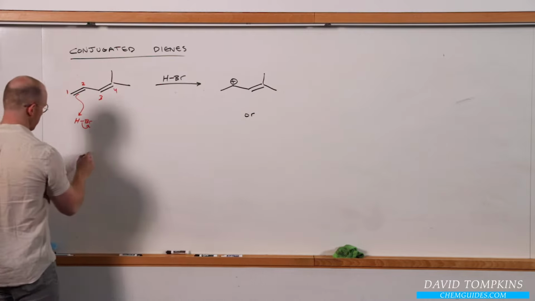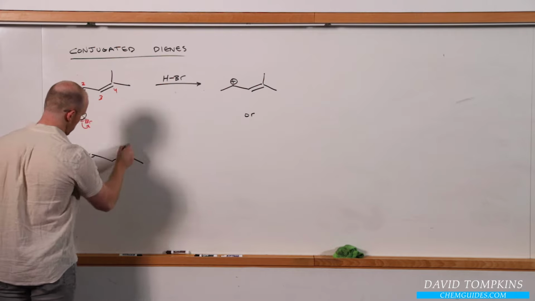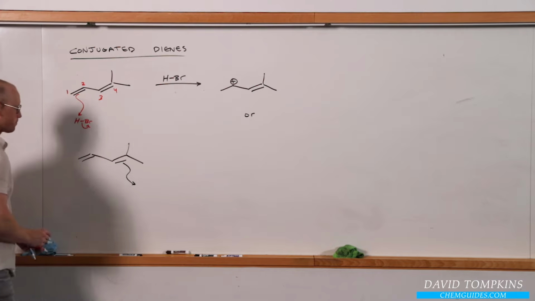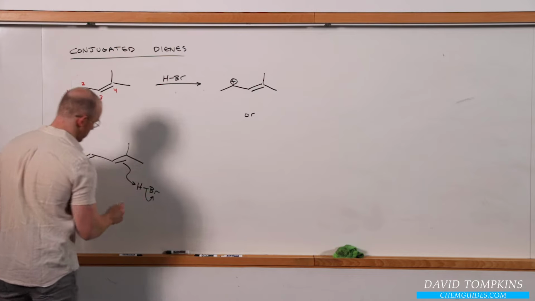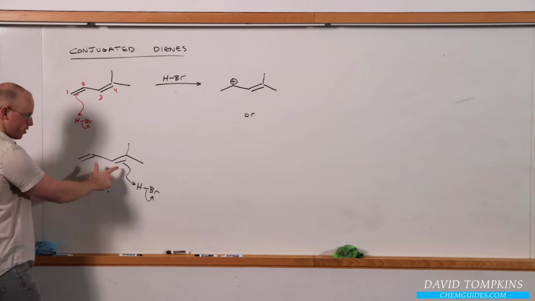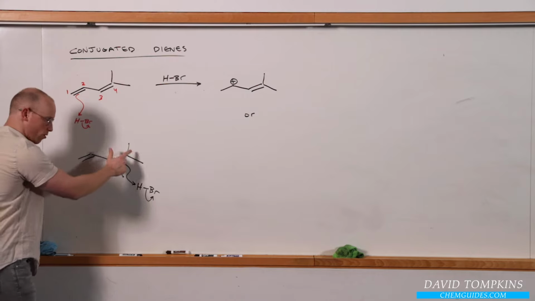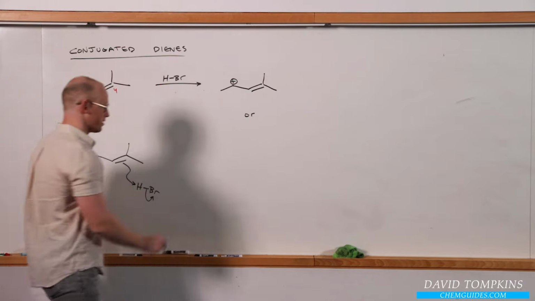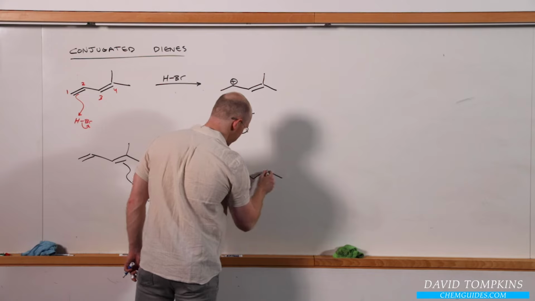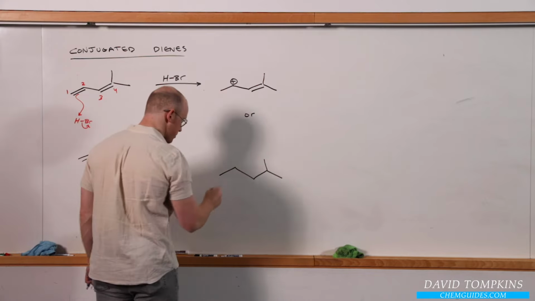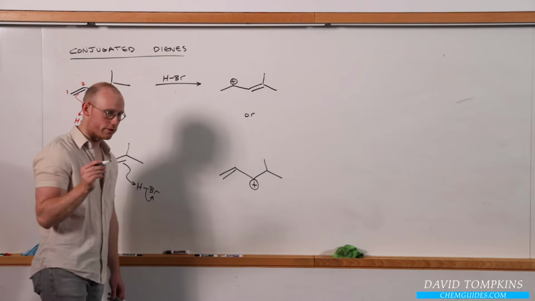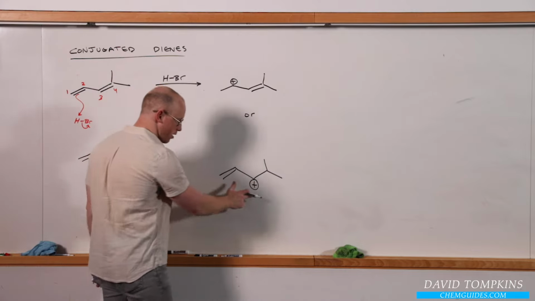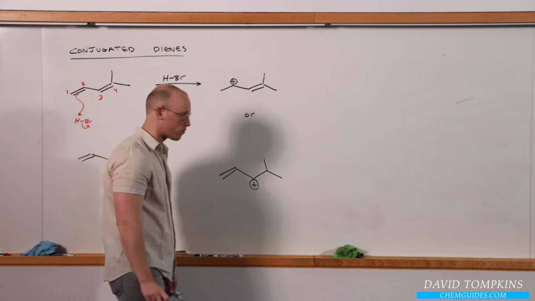Alternatively, if you were to protonate not C3, I know you want to make a tertiary carbocation on C4, but you protonate C4 regardless. The hydrogen or the electrophile must go on the end. The 1,2 pi bond stays intact. You would get a secondary but allylic resonance form.